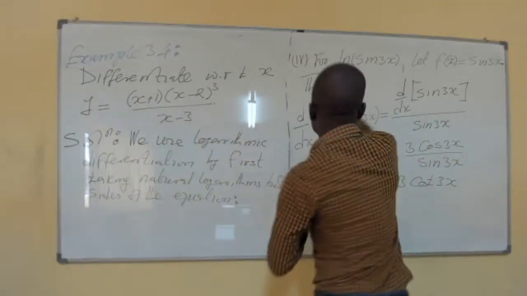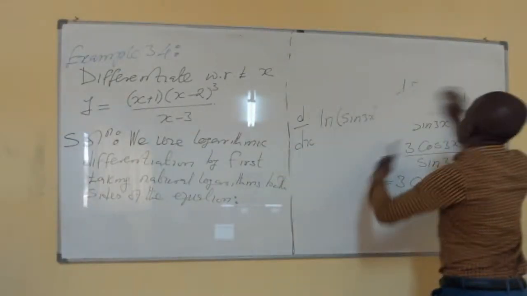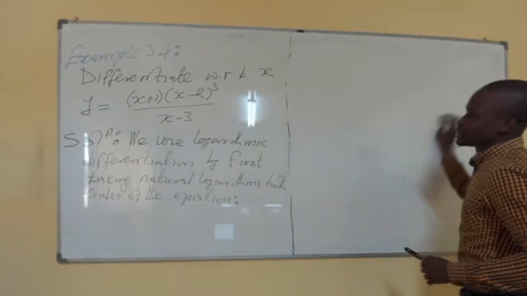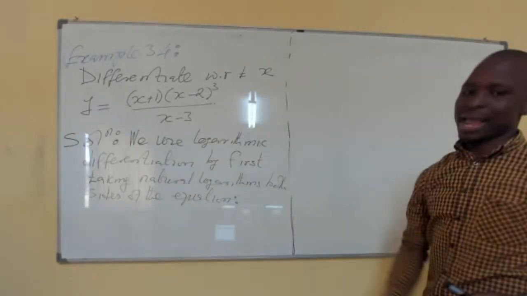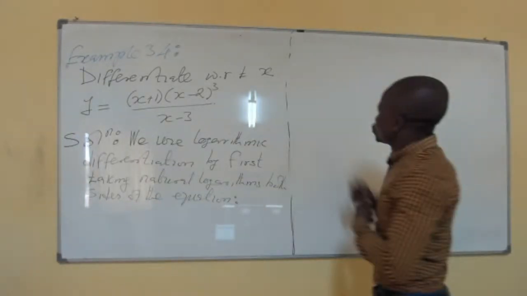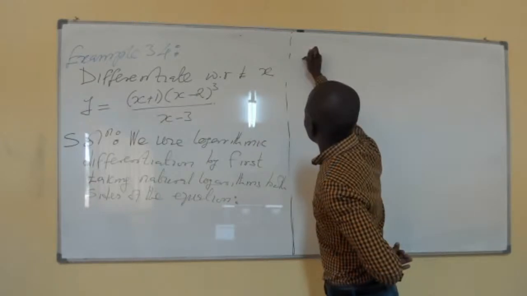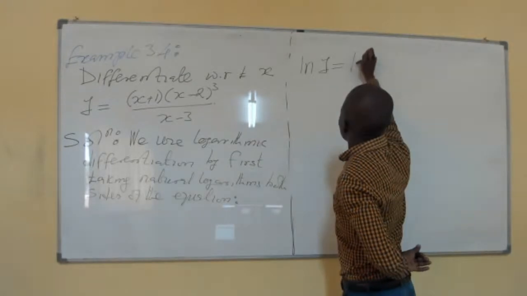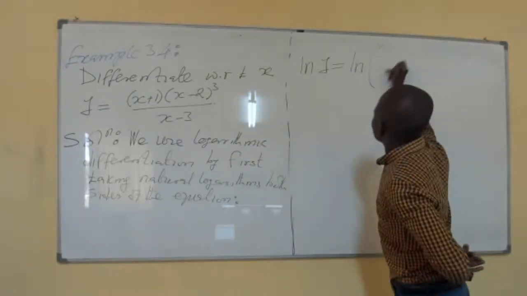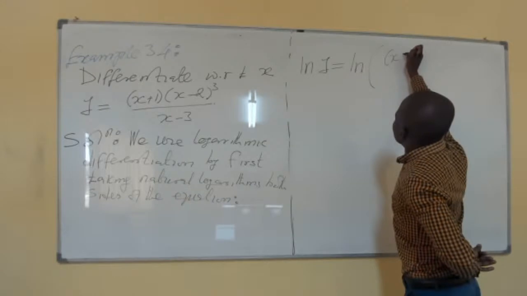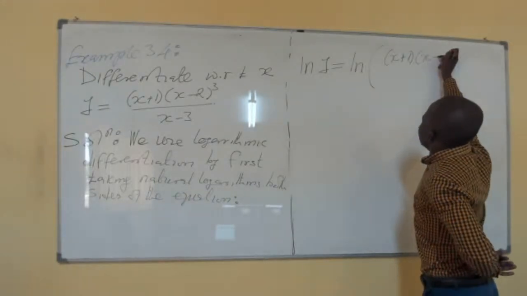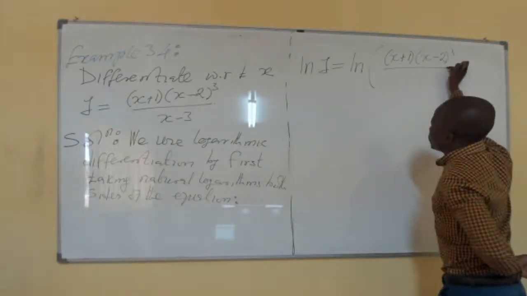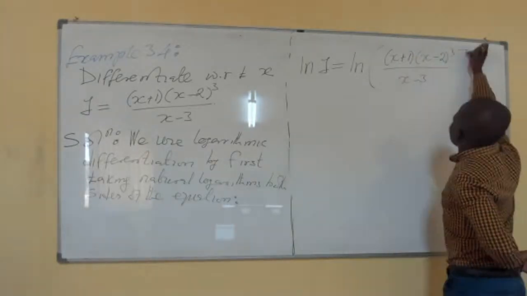This is how we are going to do it. If you take natural logarithms of both sides of the equation y equals x plus 1 times x minus 2 cubed divided by x minus 3, we have ln of y is equal to ln of x plus 1 times x minus 2 to the power 3, everything over x minus 3.